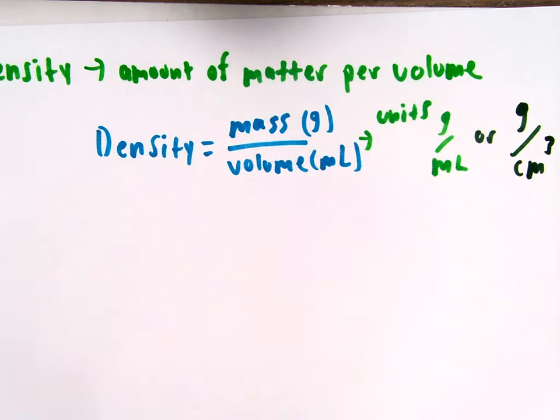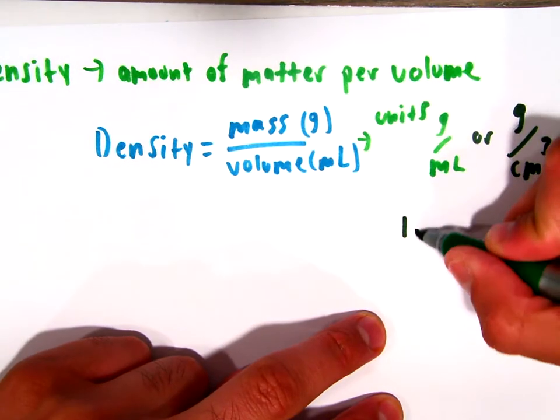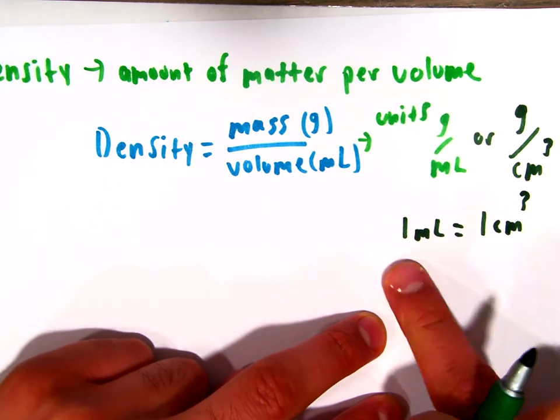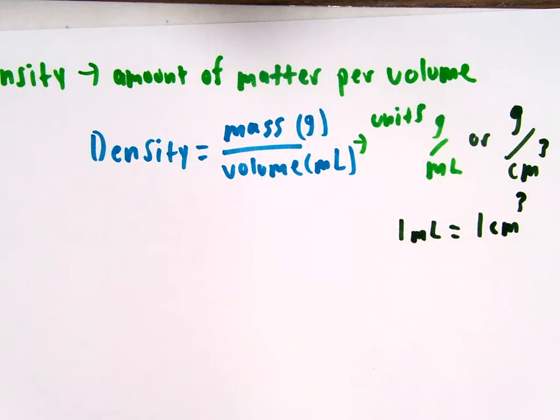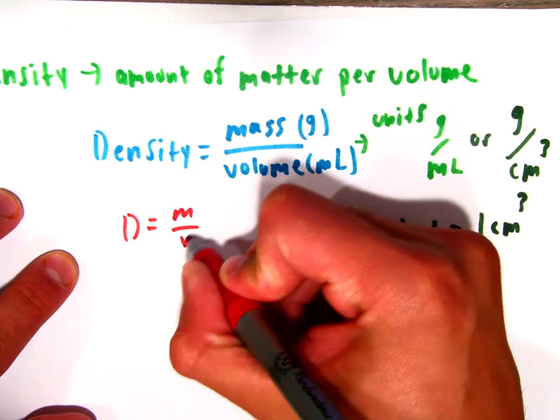The reason you often see these interchanged is because 1 milliliter equals 1 centimeter cubed, so they're essentially the same. Okay, so now that's the equation. We don't write it out like this. We write it just as density equals mass divided by volume, just the symbols.